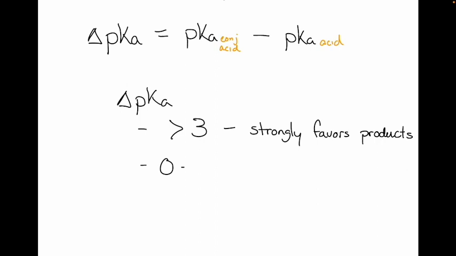If your delta pKa is between 0 and 3, this weakly favors the products. Yes, your products are produced. The equilibrium does lie in favor of the products, but there is still an appreciable amount of reactant left behind unconsumed. This reaction doesn't go to completion.